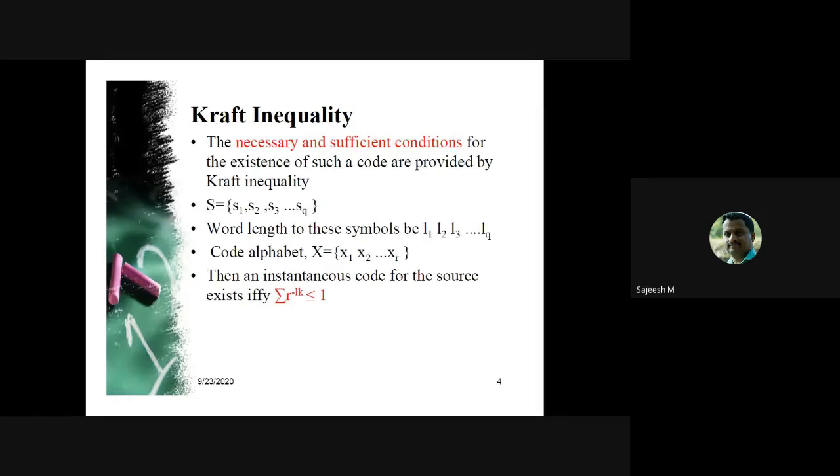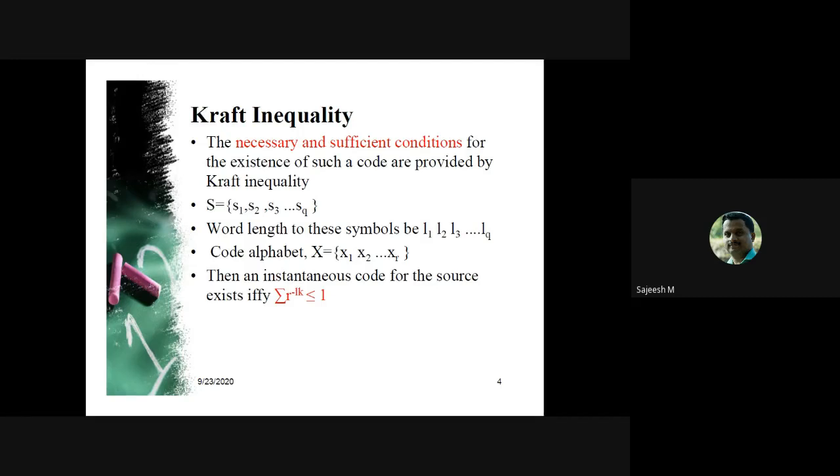And the word lengths of these symbols, take them as L1, L2, L3, ..., LQ. That is, the first symbol S1 is assigned a code word of length L1. The second symbol S2 is assigned a code word of length L2. The symbol SQ is assigned a code word of length LQ.